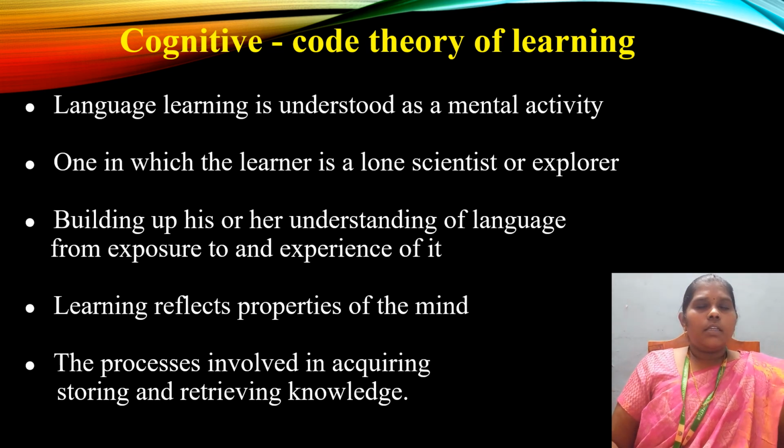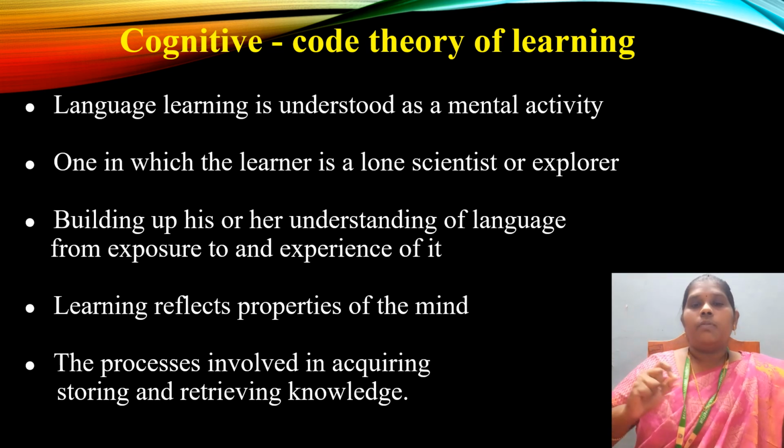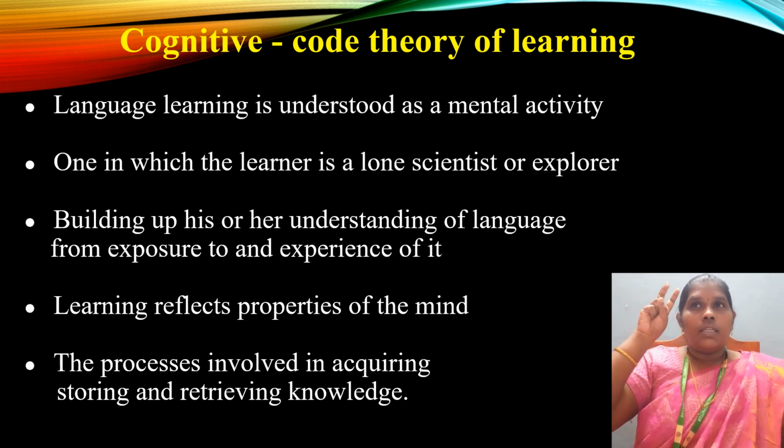Where it is mostly cognitive, it is the properties of your mind. This is the process involved in acquiring knowledge, storing it and retrieving it. Three aspects. First, I have to acquire, I have to receive the knowledge. Second, whatever I have acquired, I have to store it in my mind.